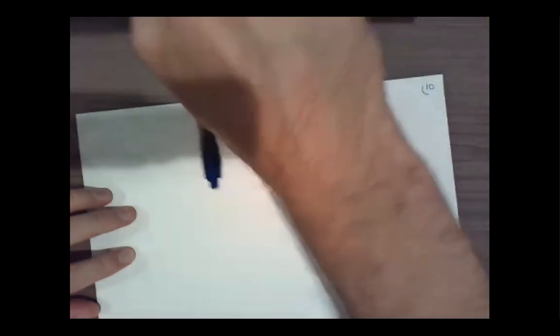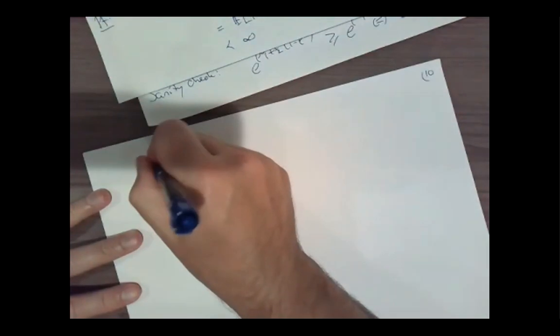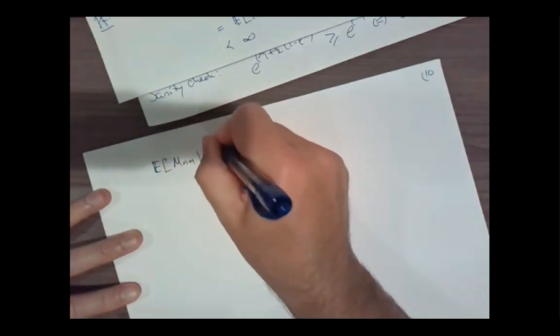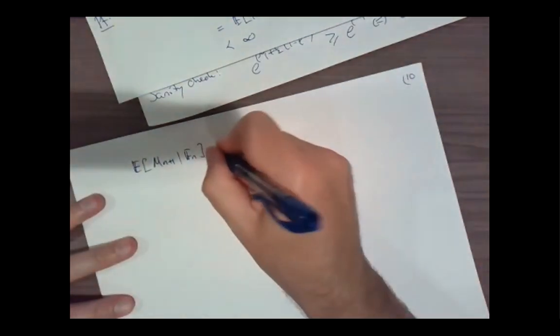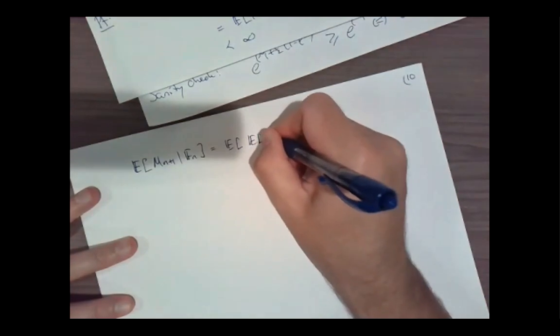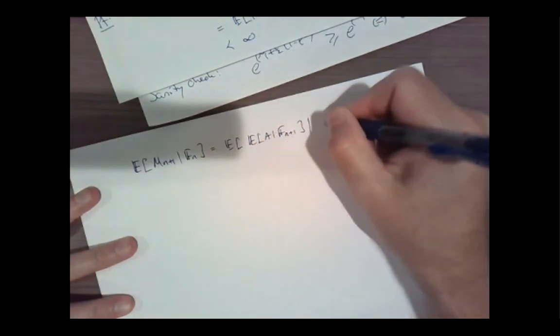We need to establish the last property. We need to establish the third and final property, that I do the conditional expectation and I get the right thing. So let me compute M_{n+1} given F_n. I'll plug in what the definition is of M_{n+1}. This was the conditional expectation of A given F_{n+1}, given F_n.